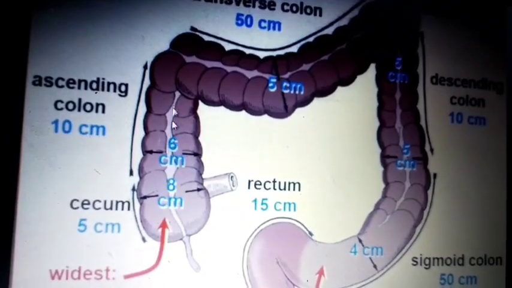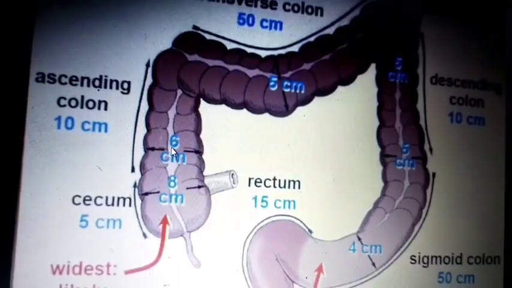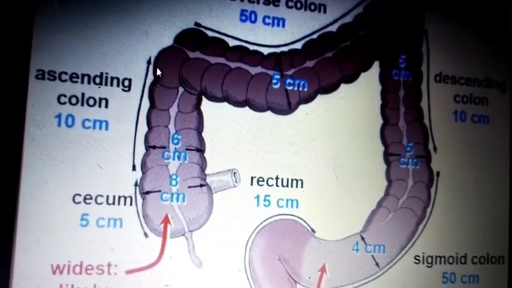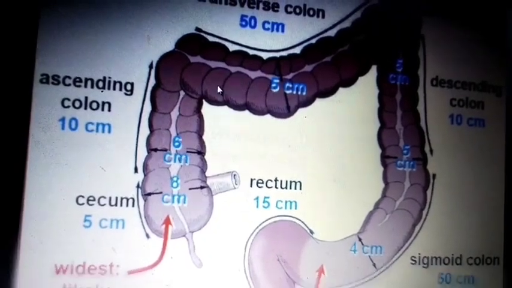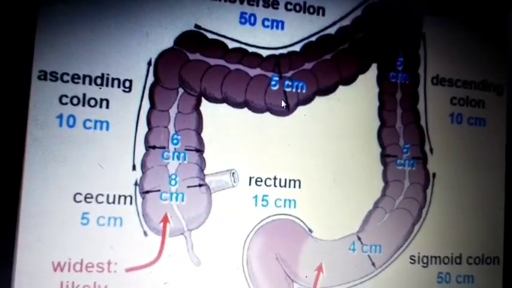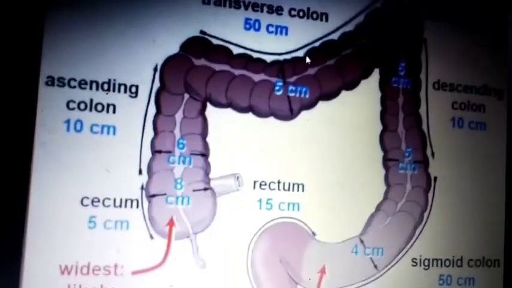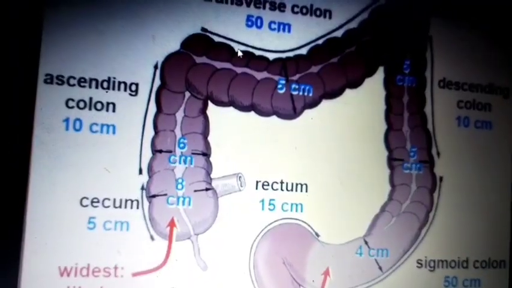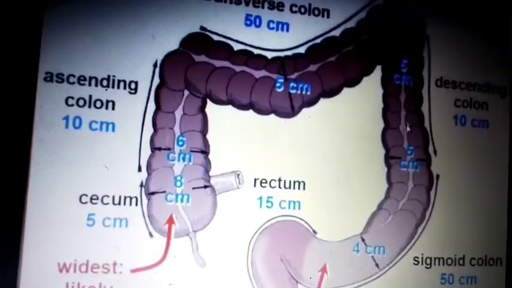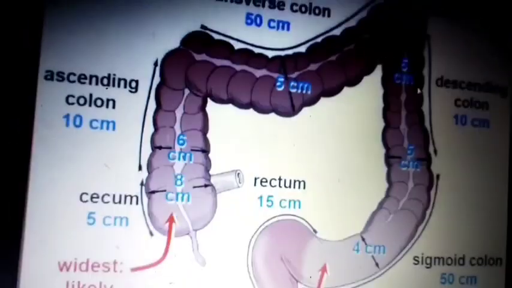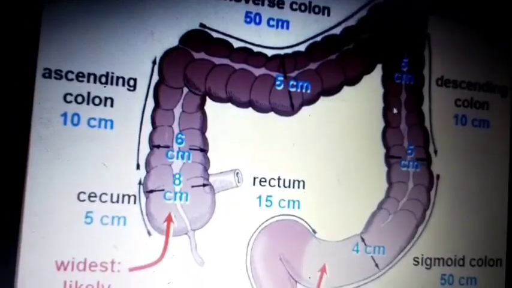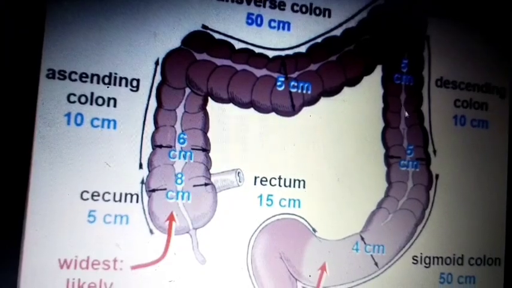Then ascending colon, it is 6 centimeter in diameter and 10 centimeter in length. Transverse colon, it is 5 centimeter in width and 50 centimeter in length. Descending colon, it is 10 centimeter in length and 5 centimeter in width.